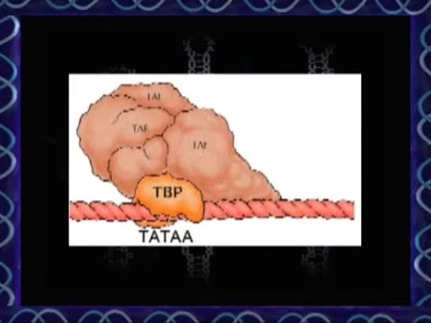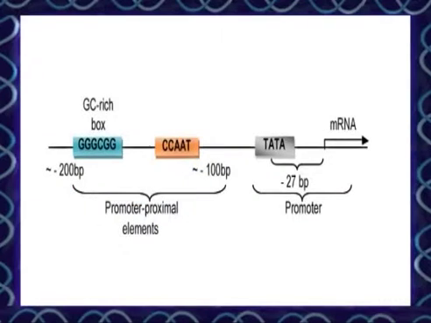In addition to these proteins, a complex of at least 6 general transcription factors operate in eukaryotes. To initiate transcription, these proteins interact with DNA sequences called promoter proximal elements near the promoter of a gene.